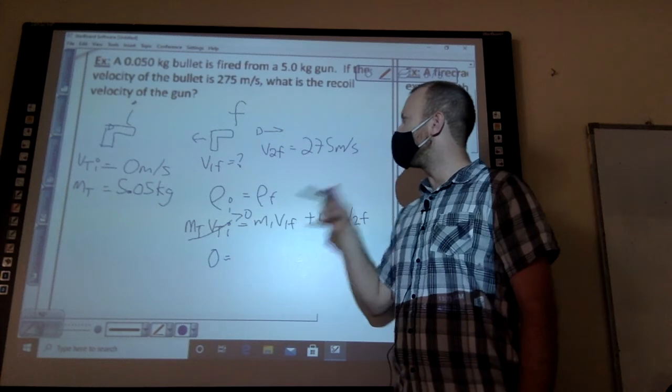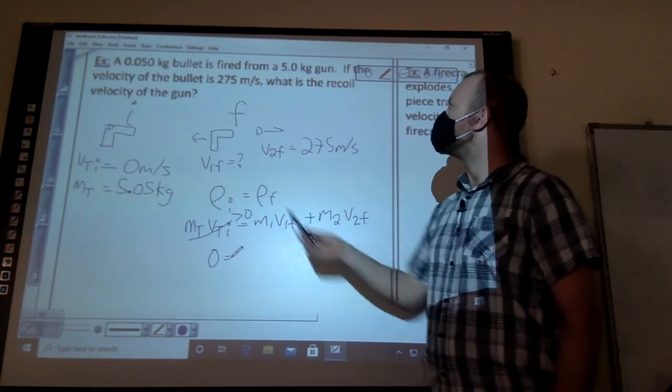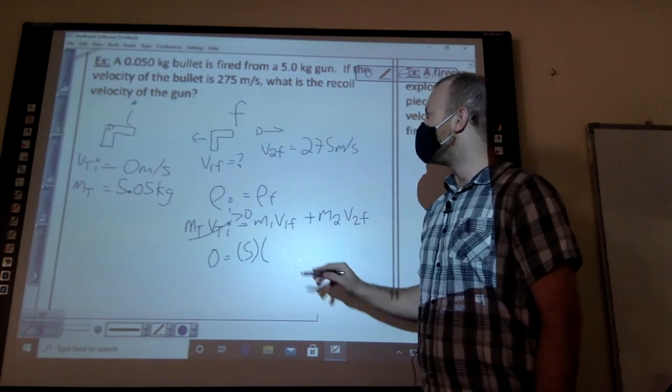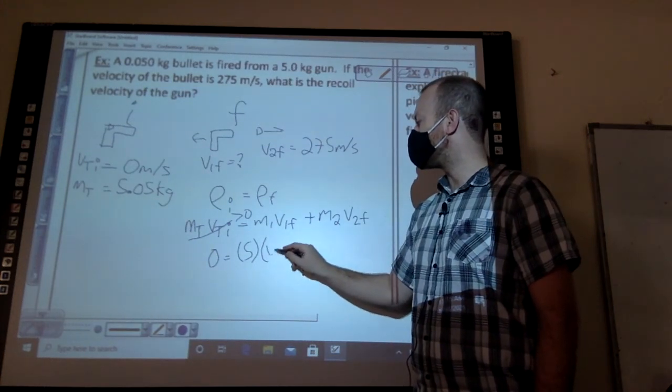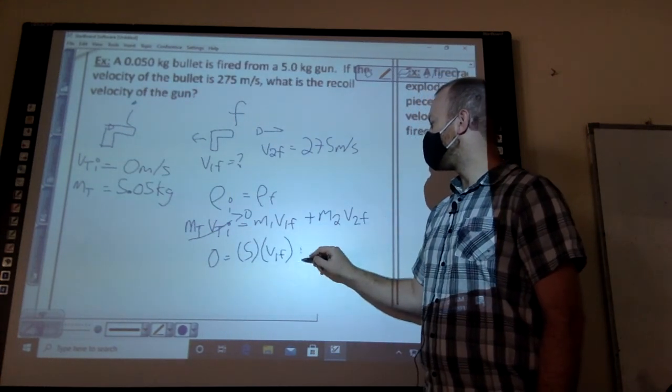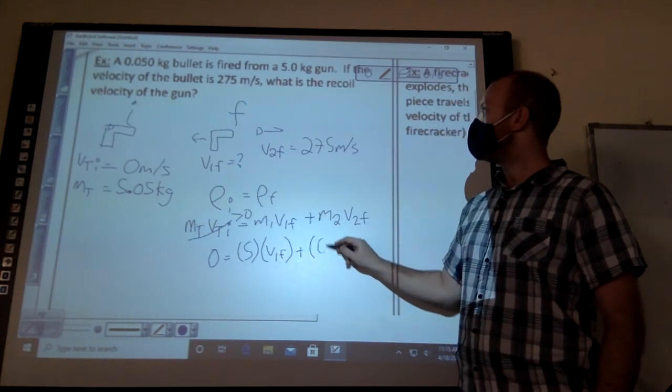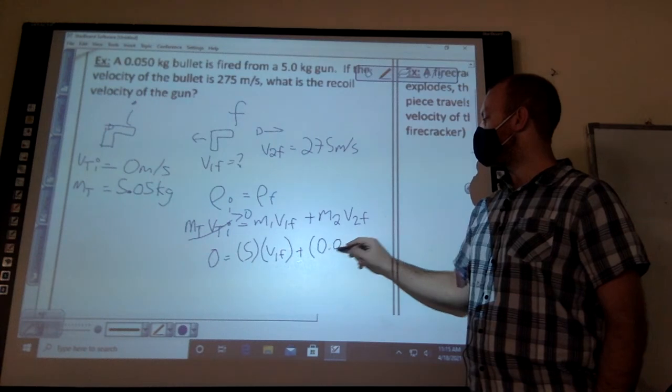So 0 equals, what did we say is the first one? The gun. So 5 V1F is what we're looking for. Plus M2, which is the bullet, 0.05.